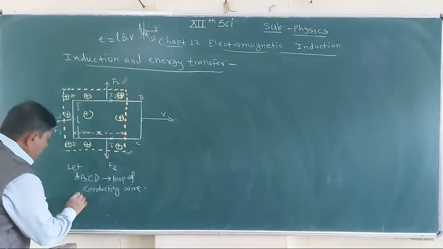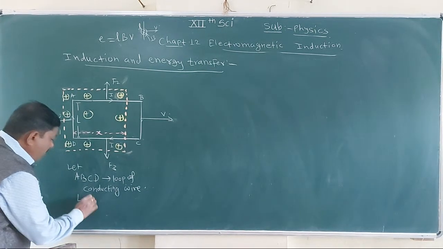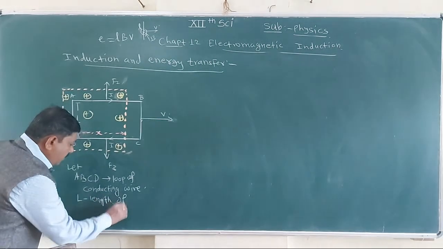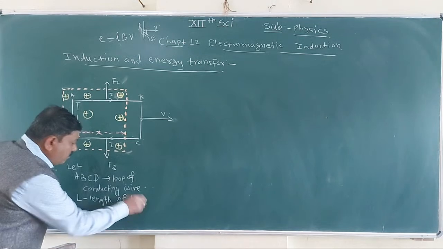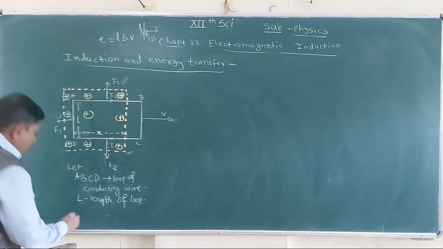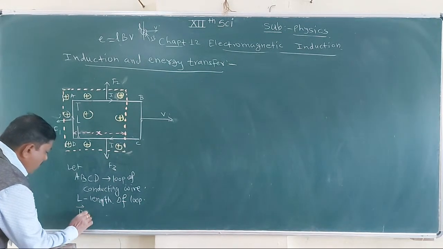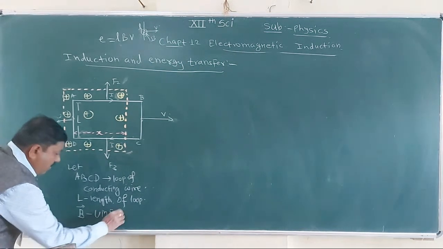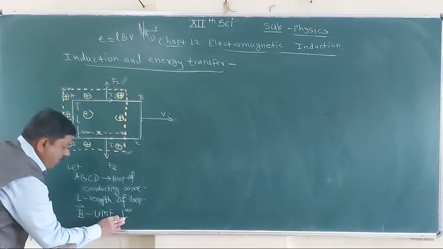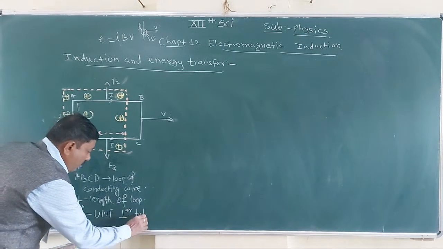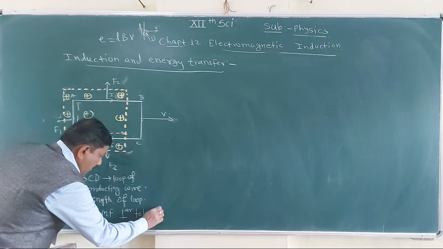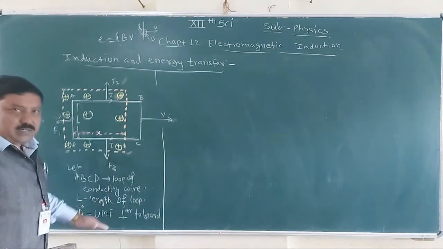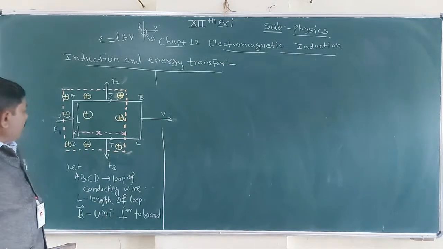L is the length of the loop. B is the uniform magnetic field of induction, uniform magnetic field which is perpendicular to the plane of the board. मागच्या सारखंच perpendicular to plane of board.